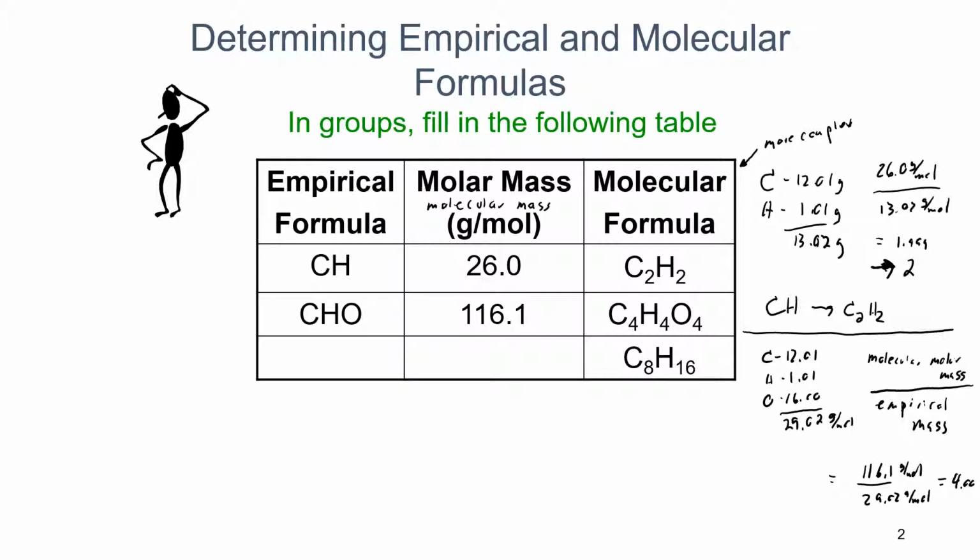Okay, and then finally, if we look at C8H16, we can divide each of these groups by 8, the smallest of the numbers, and that will give us C1H2. And we, out of convention, don't write the 1, so that gives us CH2. All right, and then we can also calculate the molar mass of the molecular formula by taking 8 carbons and 16 hydrogens, and that will give us 112.2.